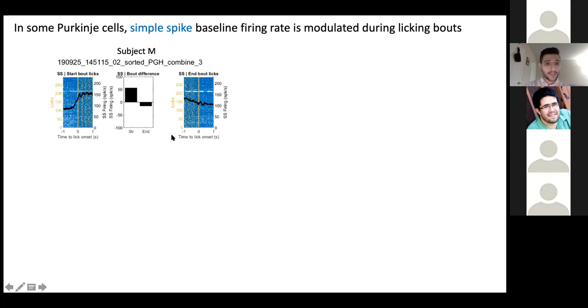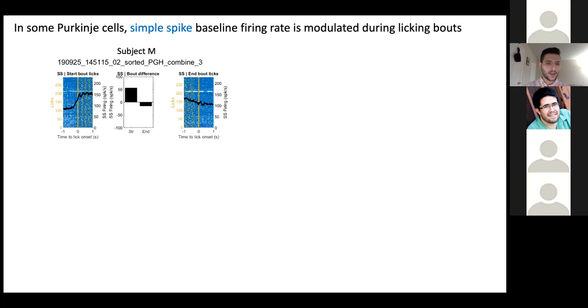On the right, I do the exact same thing, except aligned to the end of a bout. And what you can see here is a dramatic increase in the baseline firing rate of a cell after a bout has been initiated and during it, as well as in comparison to before the bout. The bar plots in the middle quantify this discrepancy in the firing rate before and after.